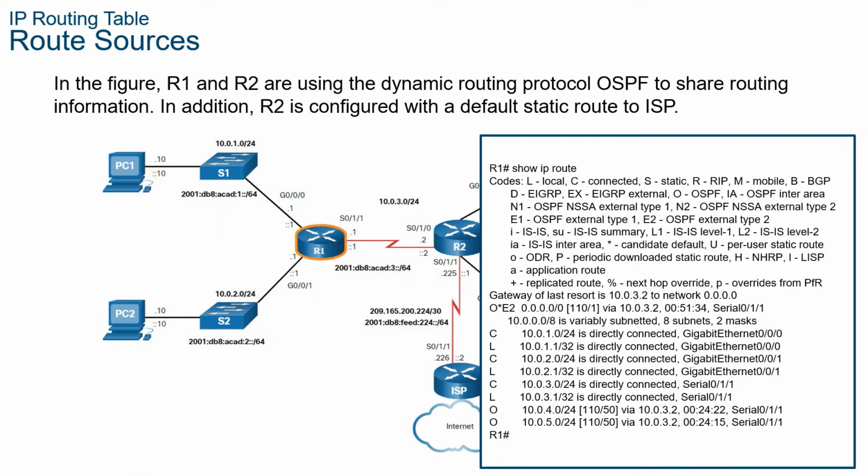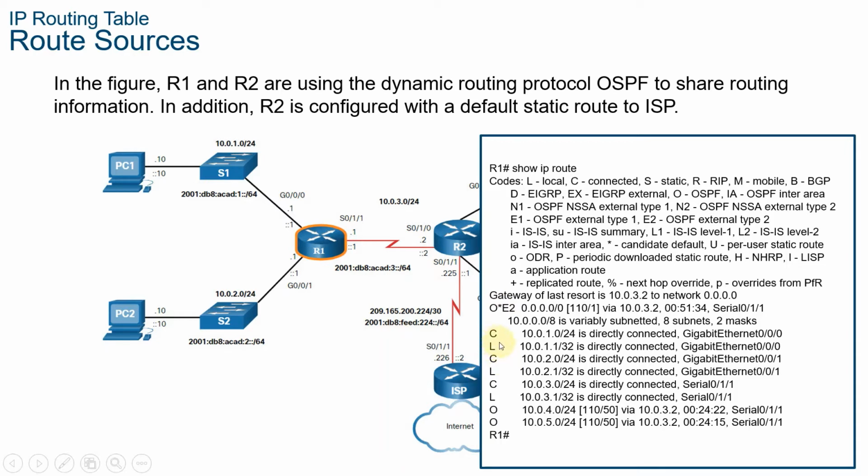Now, in the routing tables for R1 and R2, notice that the sources of each route are identified by a code. So the code identifies how the route was learned. For instance, common codes such as L, C, O, and then you also have the asterisk. This route is a candidate for a default route.